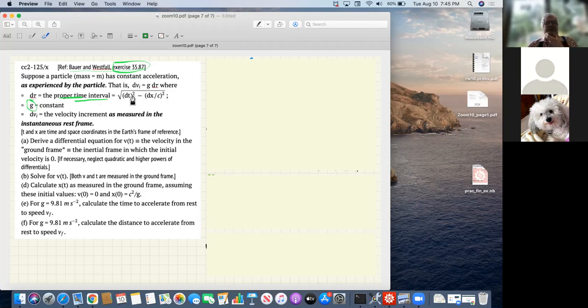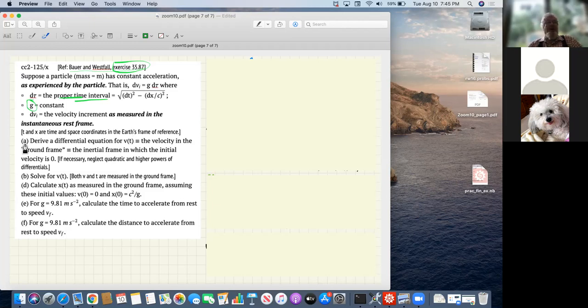This is really a different form of the time dilation equation. So t and x are time and space coordinates in the Earth's frame of reference. But the particle is moving with respect to the Earth with a velocity v, which is changing in time.